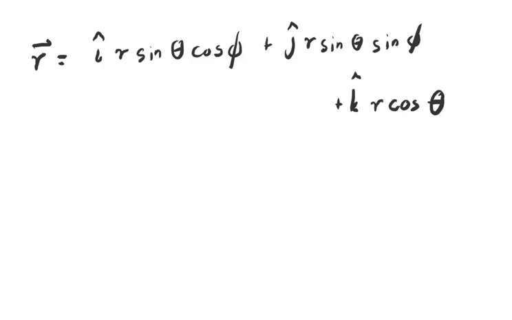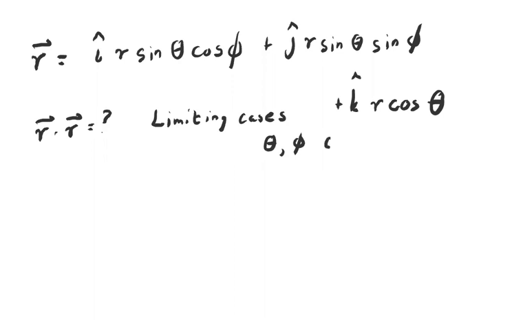Okay. Now, you should prove to yourself lots of things. You should evaluate what r dotted into itself is. You should look at limiting cases where theta or phi are 0 or pi over 2 or 2 pi for that matter, to make sure that you believe this complicated expression.